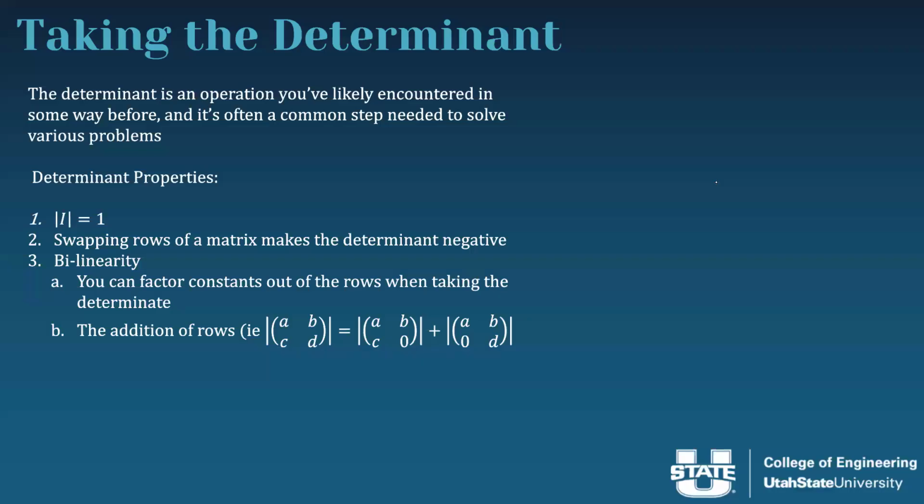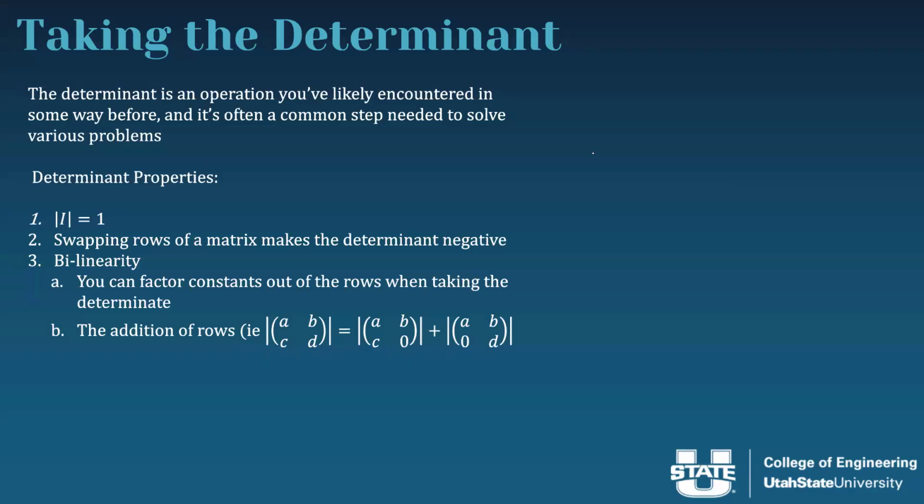First is that the determinant of the identity matrix is always going to be 1, right? Which checks out when we get to work through the computation part of it. And then, every time we swap the rows of a matrix, that will switch the sign of the determinant. So the value will stay the same, but the sign will swap with every row swap. Does that make sense?